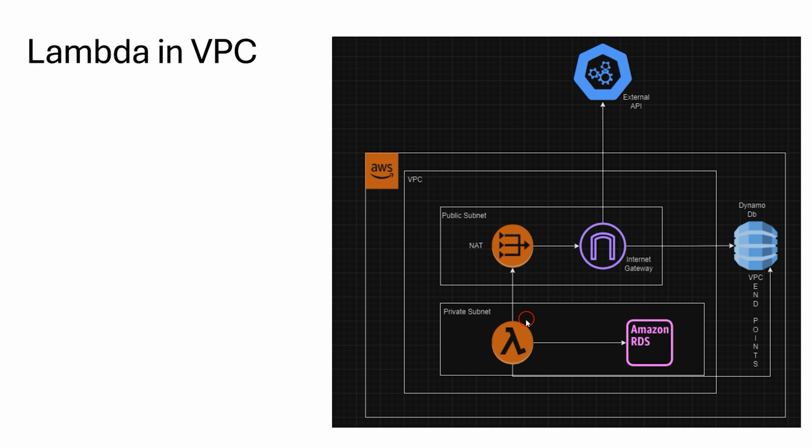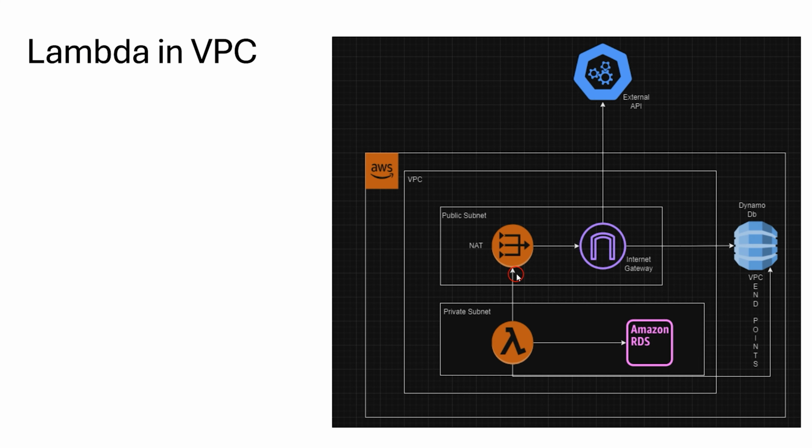But if Lambda wants to access the public internet, for example, this publicly available external API, Lambda has to go through the public subnet. And in the public subnet, we have to create a NAT gateway. By using this NAT gateway, Lambda can access the external API.